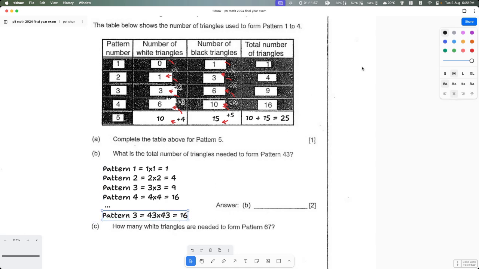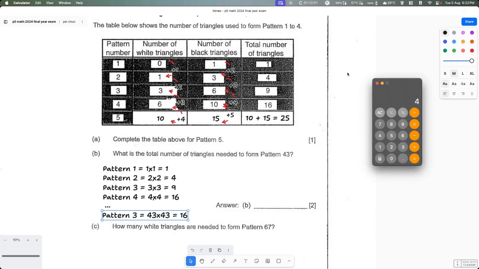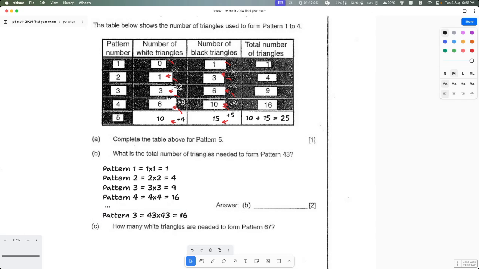And what would this give us? So this will give us 43 multiplied by 43, 1849. So that's the answer, 1849. Not pattern 3, pattern 43.